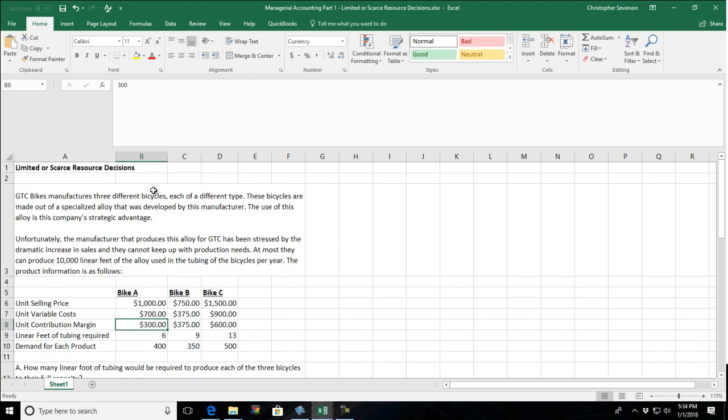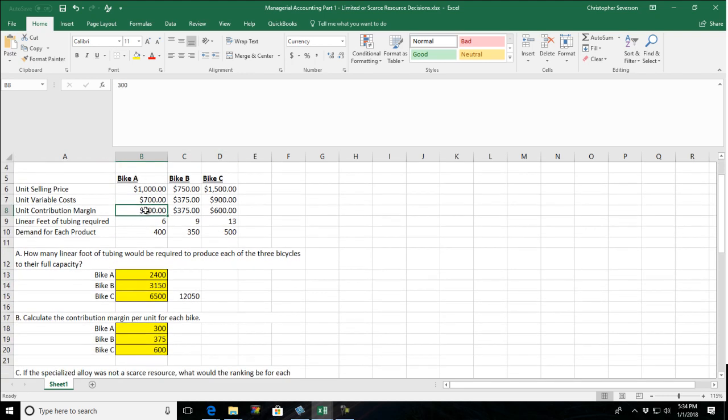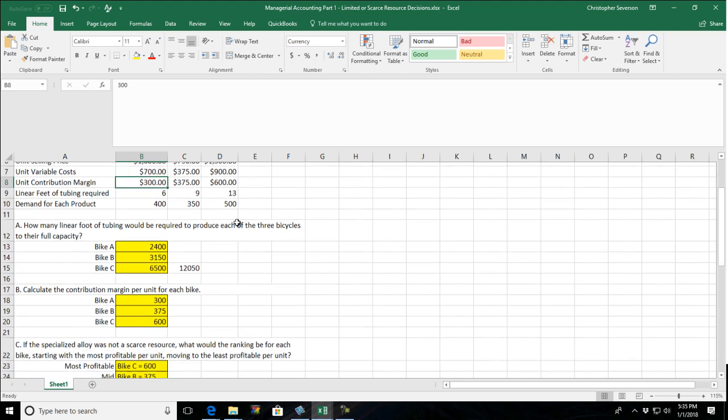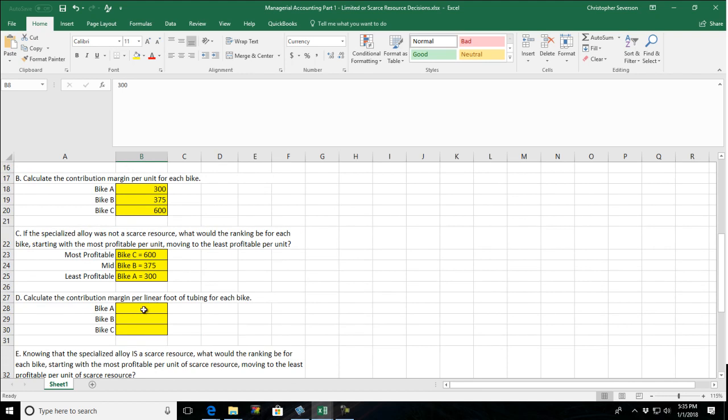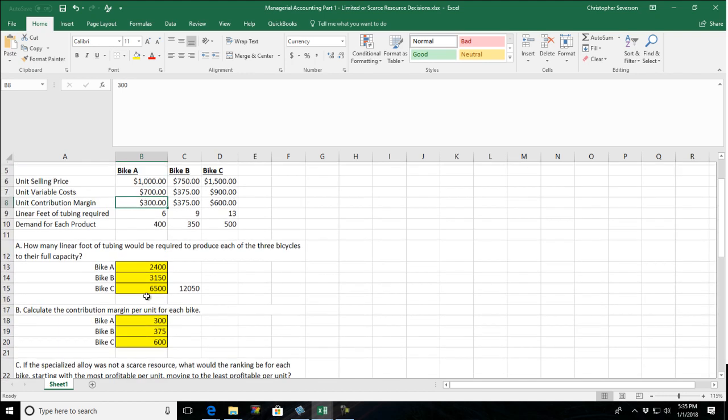So notice, Bike A gives us $300, but it requires only 6 feet to give us that $300. Bike C, yes, it gives us $600, but it requires 13 feet of our scarce resource to do so. So what we can do here now is just divide the contribution margin by the number of feet.